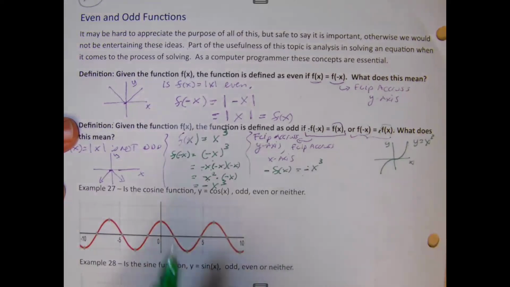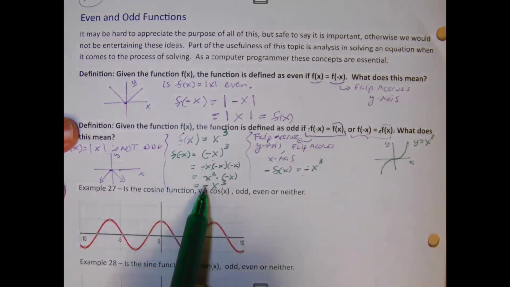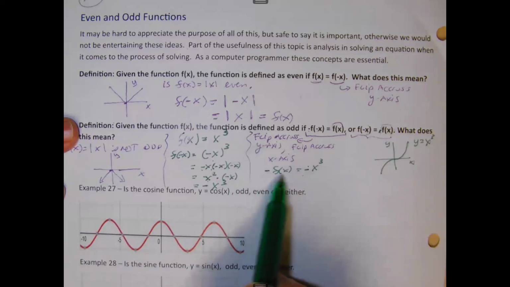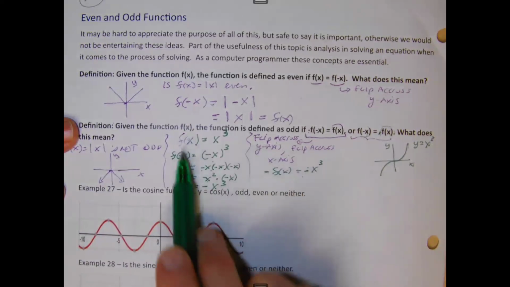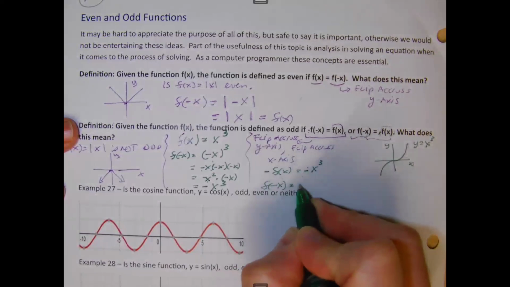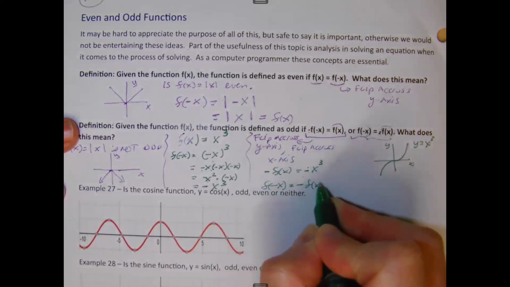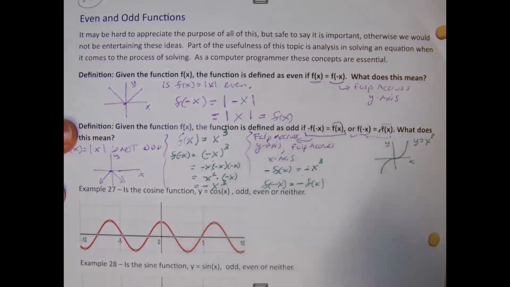There it is. Hey, wait a minute. Look, f of negative x equals negative x cubed. Opposite of f of x equals opposite of x cubed. In other words, these two are the same. So look at that. I got f of negative x is equal to opposite of f of x. This is odd.